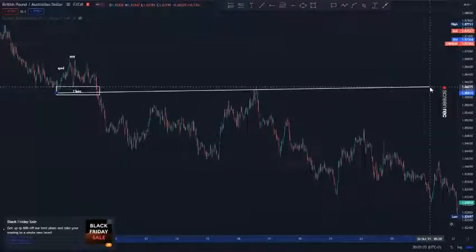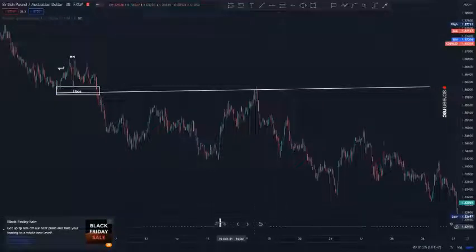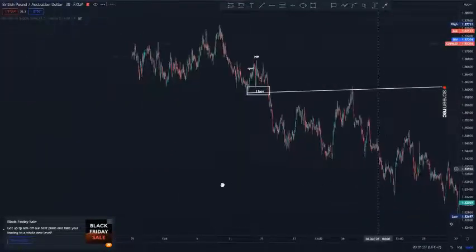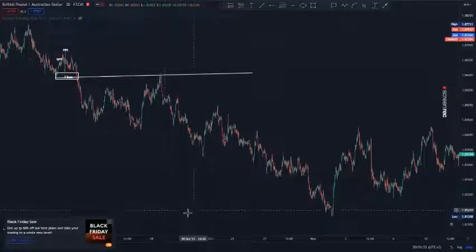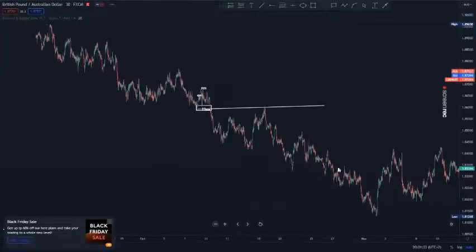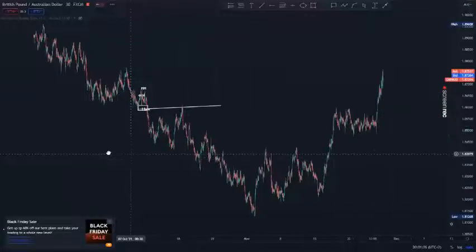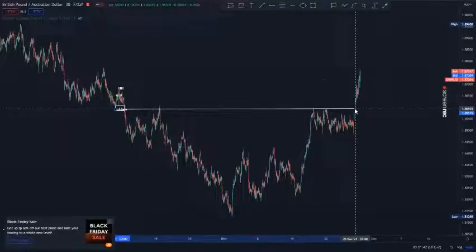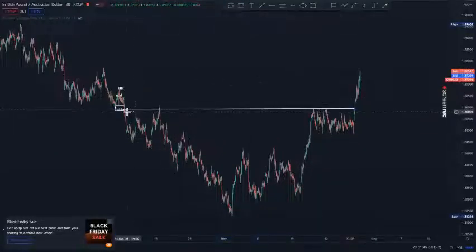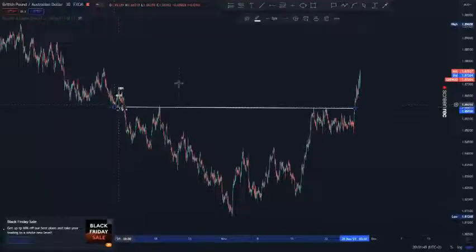At this level we had an SR flip. Let me just zoom out. We had an SR flip around this level. So let me just try to join this very nicely. Yeah, we had an SR flip just at this level.